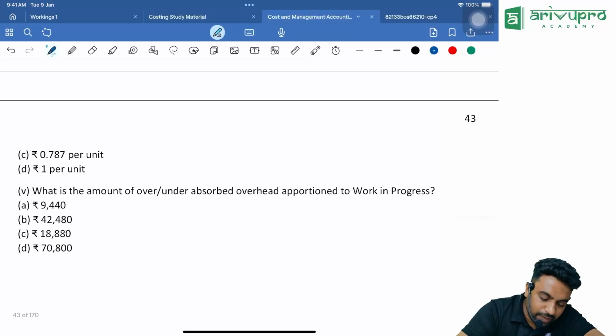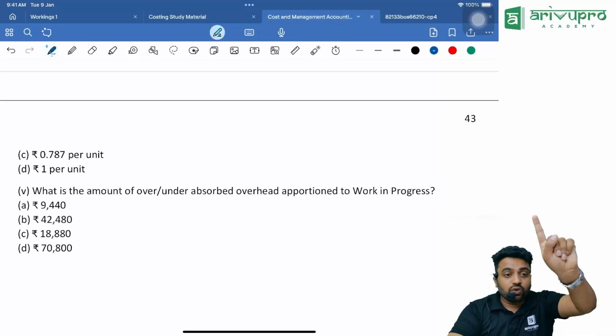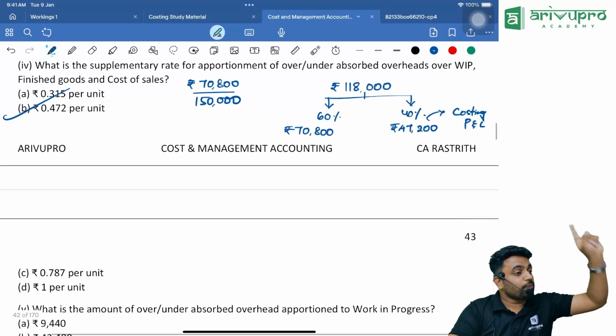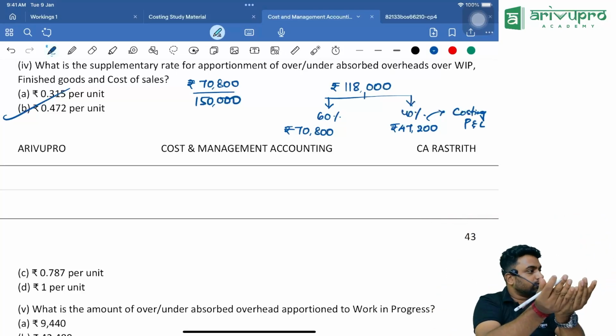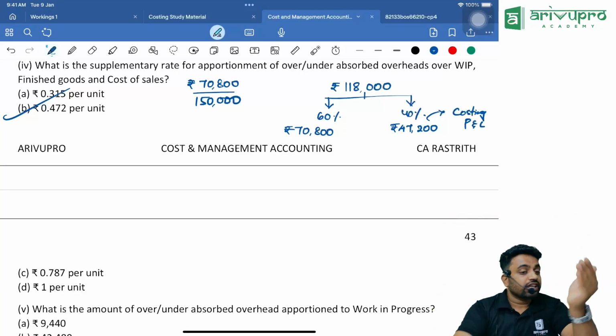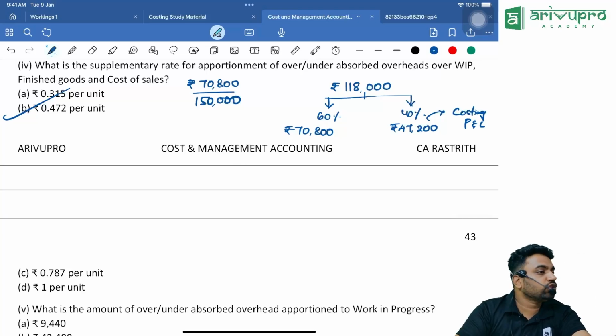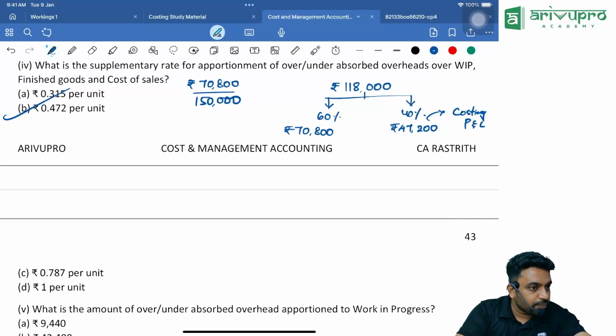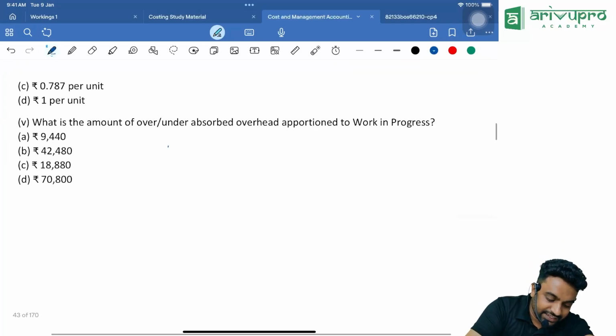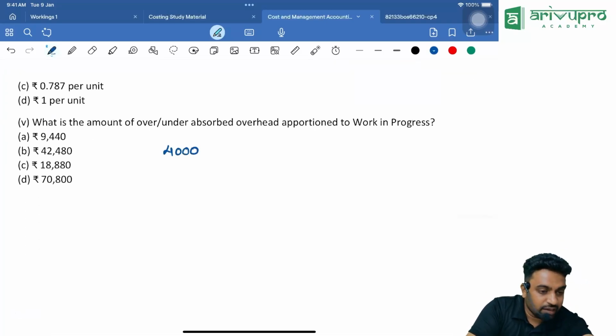Next they are asking you what is the amount of over or under absorption to be apportioned to WIP. Guys, now try to understand. 0.472 is for 1 unit completely produced. So now you can't multiply 80,000 into 0.472 because it is only 50% complete. So either you take half of the WIP or half of the rate. Okay, I am going to take half of the WIP units.